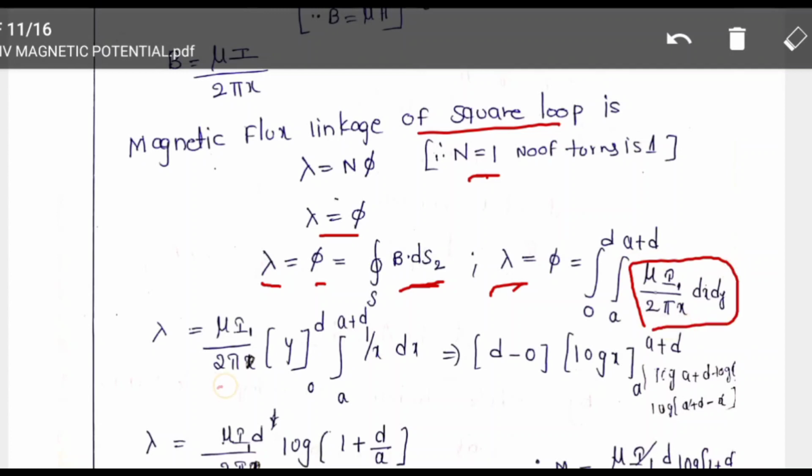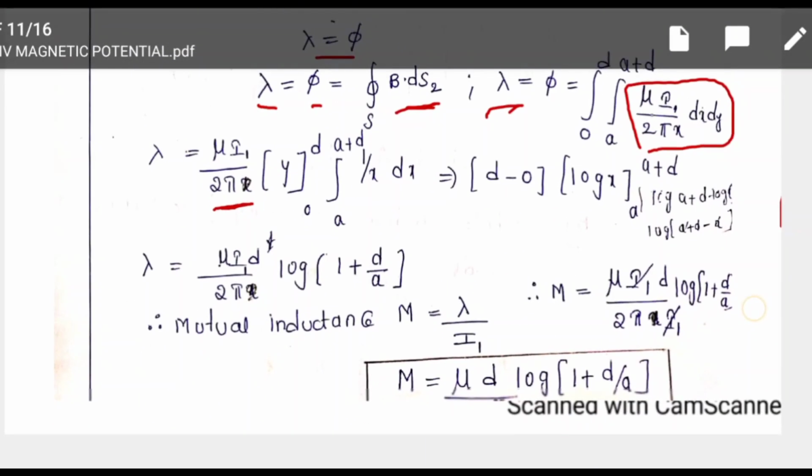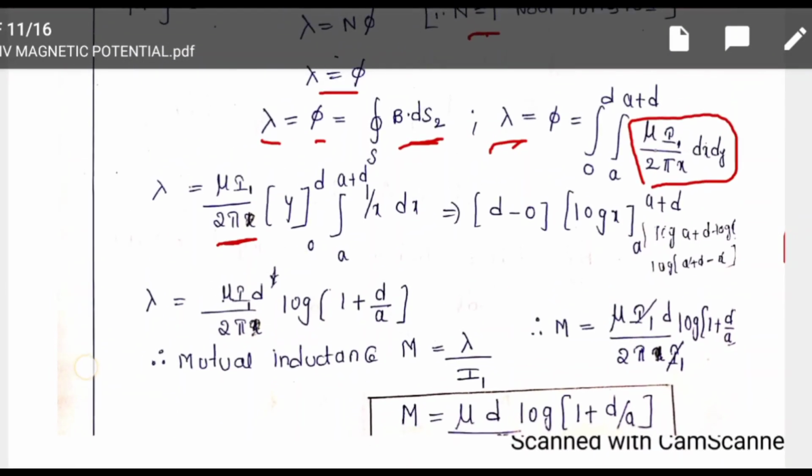The integration we carried out, finally we have to get the answer. Therefore, mutual inductance M equal to lambda by I1, that equals M equal to mu d by 2 pi log of 1 plus d by a.